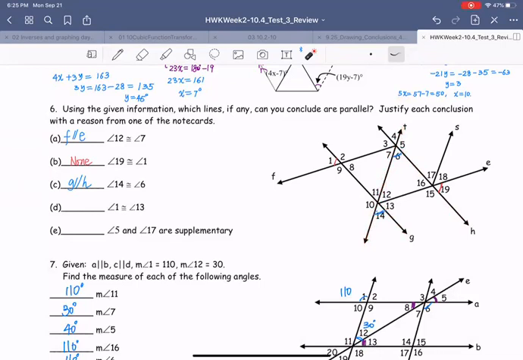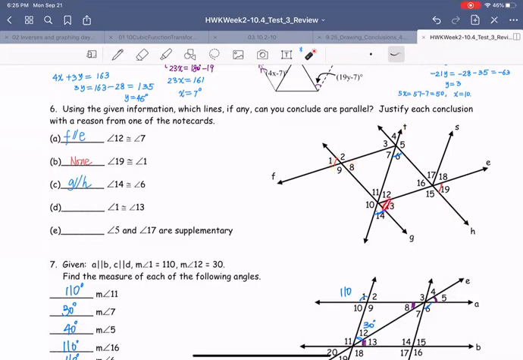Now let's do angle 1 and angle 13. Who are they? They are none, they're not parallel. Well, they could be. Angle 1 and angle 13. This guy equals this guy, and this guy equals this guy.